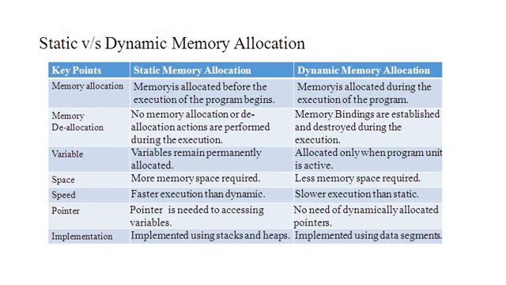So this is static versus dynamic memory allocation. In your exam, sometimes they may ask like explain static memory allocation, explain dynamic memory allocation, or explain static versus dynamic memory allocation.